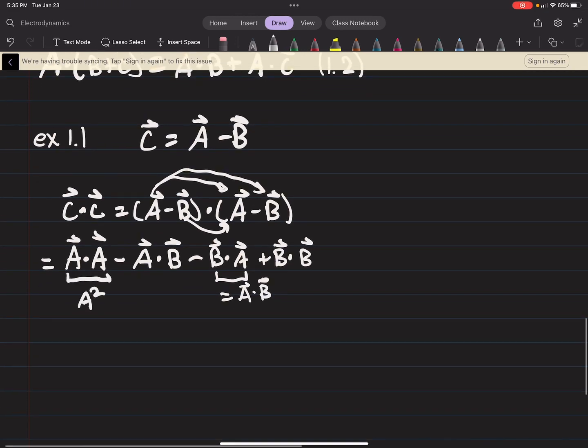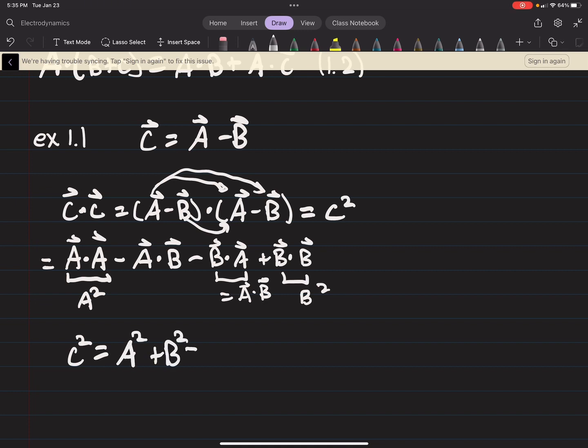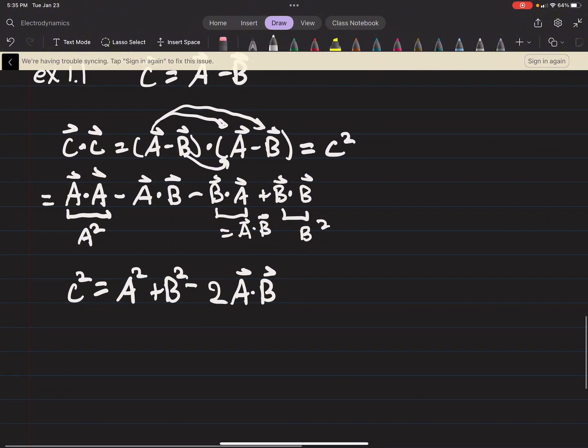This is just A squared. And this is just B squared. So C dot C, which is just C squared, C squared is then equal to A squared plus B squared minus 2 times the dot product A dot B, which of course is A squared plus B squared minus 2 A times B times cosine theta, using our dot product definition.